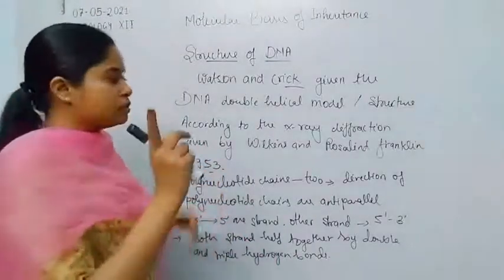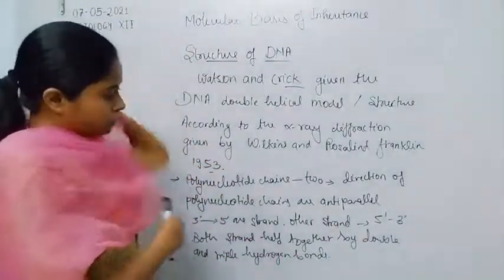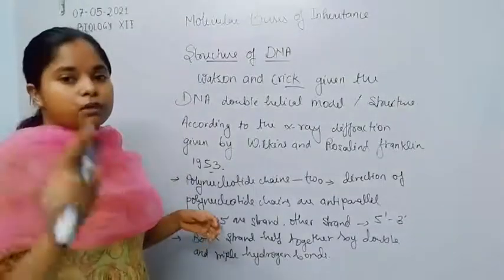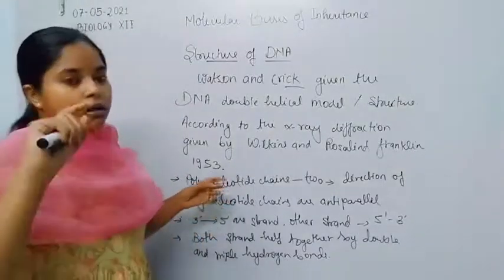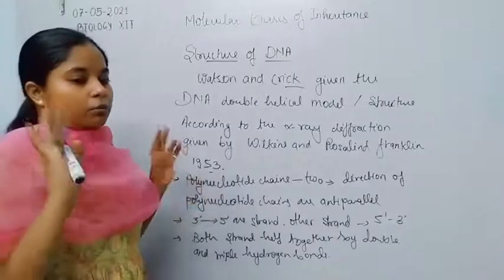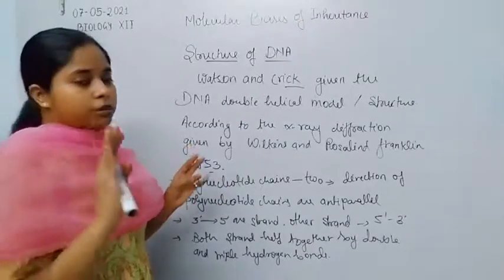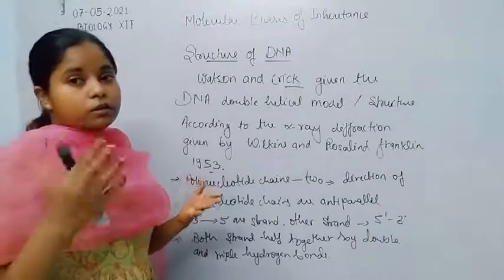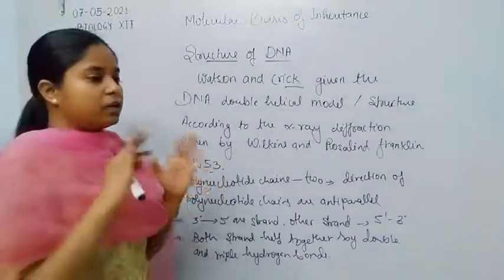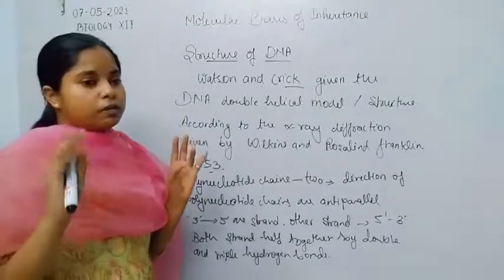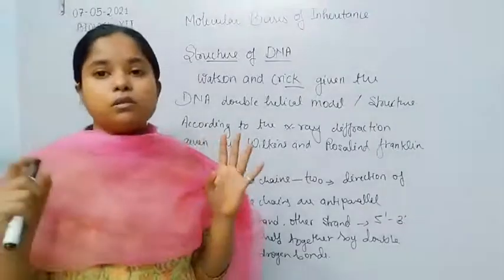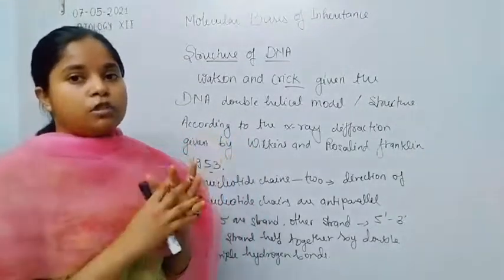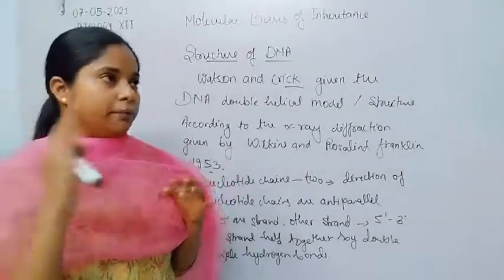The bond formation occurs between adenine and thymine, and cytosine and guanine, and the number of hydrogen bonds between the purine and pyrimidine depends upon their structure. Adenine and thymine are quite similar in structure, so due to the presence of nitrogen and hydrogen, the hydrogen bond formation occurs between adenine and thymine.